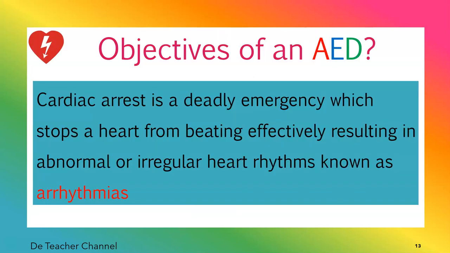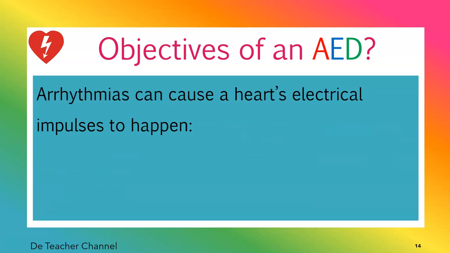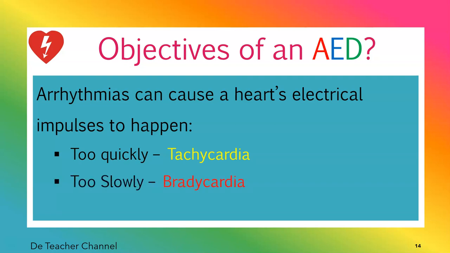Objective of an AED. Cardiac arrest is a deadly emergency which stops the heart from beating effectively, resulting in abnormal or irregular heart rhythm known as arrhythmias. Arrhythmias can cause the heart's electrical impulses to happen too quickly. When the heart is beating too quickly, we call it tachycardia. When it is beating too slowly, we call it bradycardia.